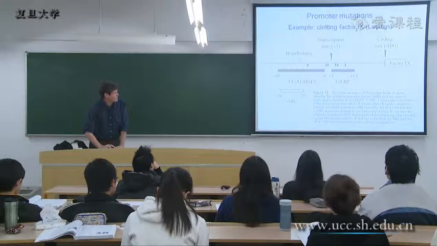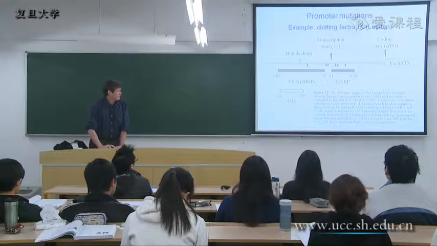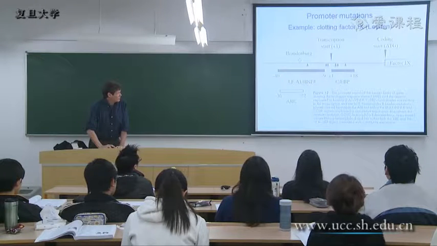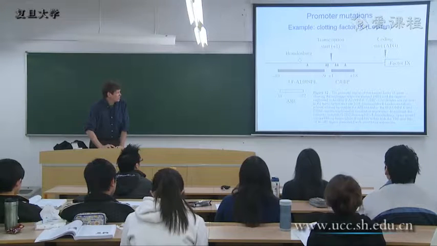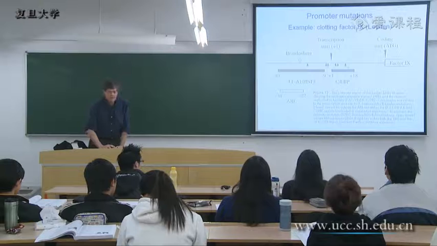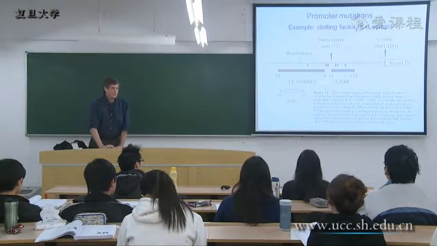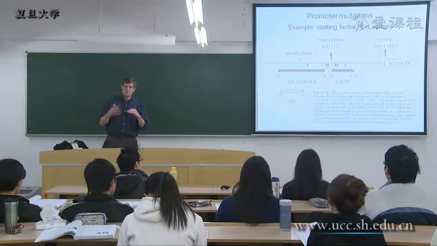So when this is defective, it causes hemophilia in a recessive manner. And it turns out that there are two different classes of mutations that have been found in the promoter region for this gene. And the ones with the dark arrows here are ones that interfere with gene expression, but only in children. It turns out that the way this gene is regulated changes during development.